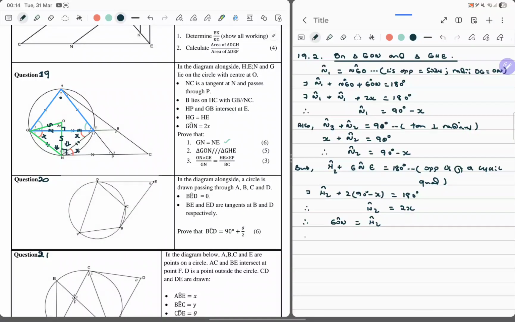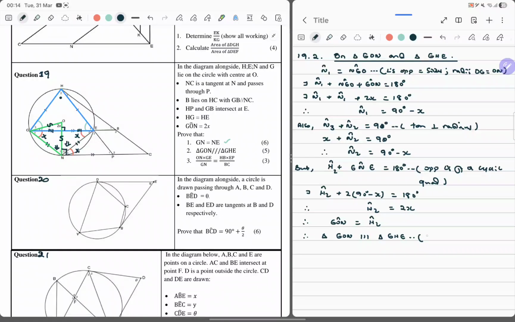If this is the case, we can easily say, therefore, triangle GON is indeed similar to triangle GHE. These are isosceles triangles with just one angle equal, then the rest are going to be equal. I don't know if this is allowed or legal, but I feel overwhelmed already.